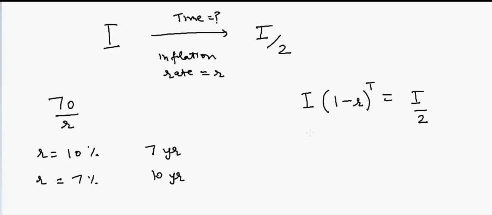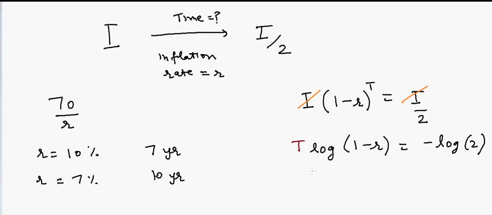So if we solve this equation, then the I would cancel out, and we will have t log of (1 minus r) is equal to minus log of 2, right? So t will be equal to minus log of 2 divided by log of (1 minus r), right?